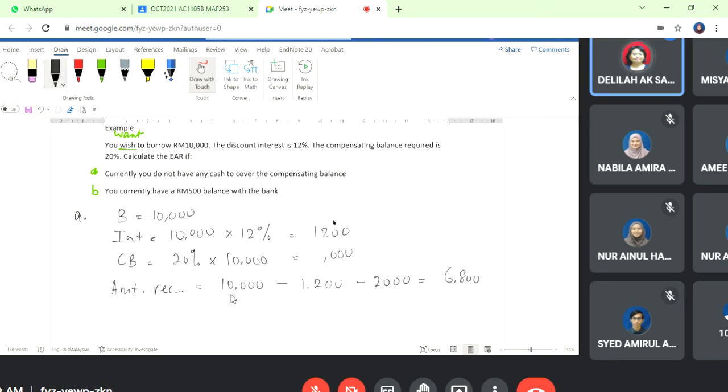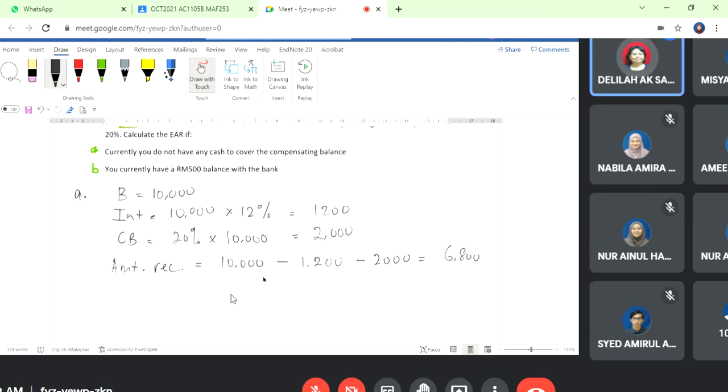Okay, so jadi kita pinjam 1,000 bayar interest on this 10,000. And then dia nak recompensating balance. End up kita terima RM6,800 saja.